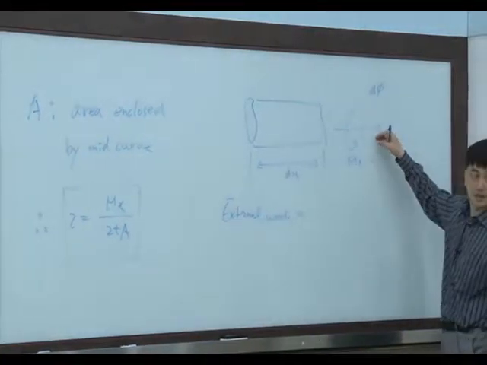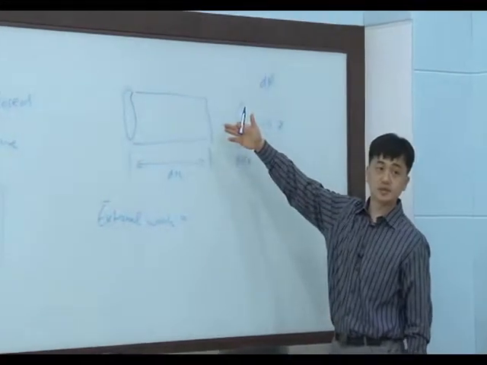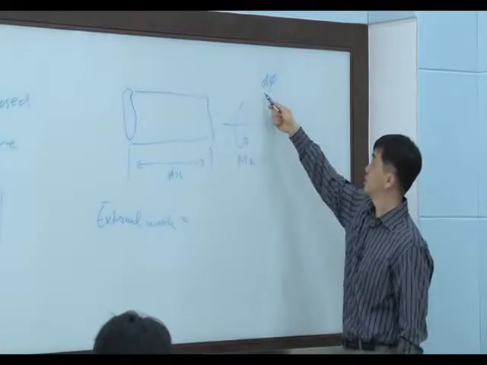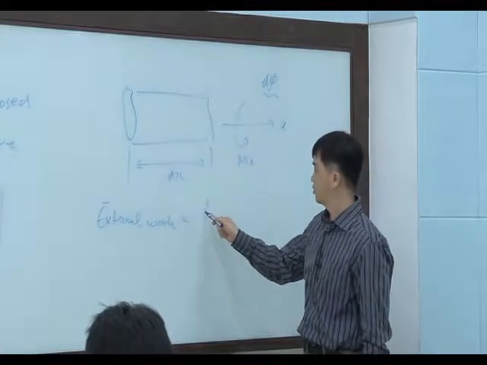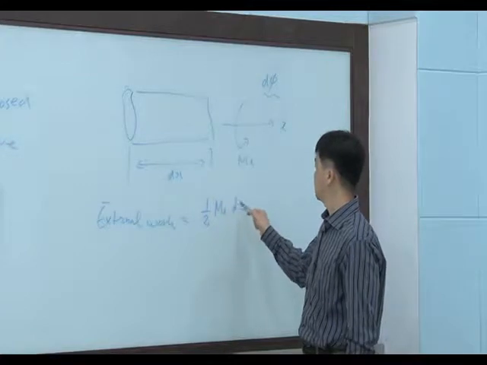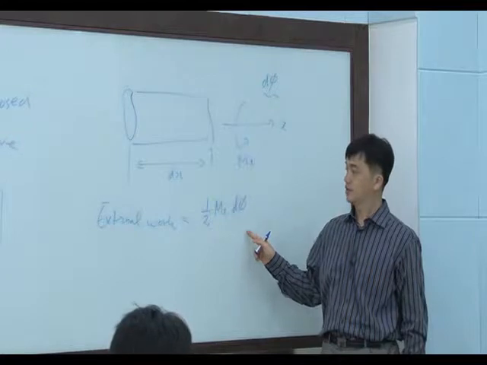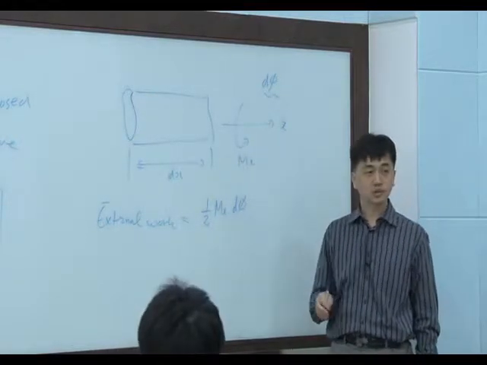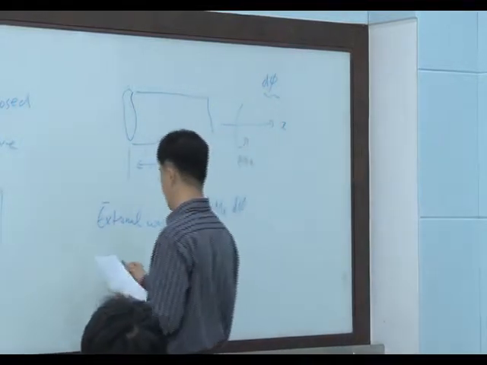I give the moment Mx, and this shaft is twisted by this amount of angle. That energy is calculated by 1/2 Mx d phi. Twisting angle and moment are energy conjugates. If I multiply both, we can calculate work.